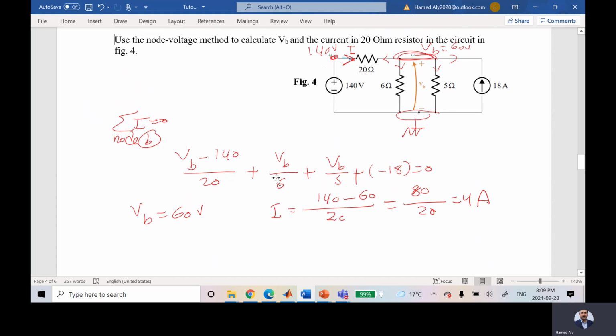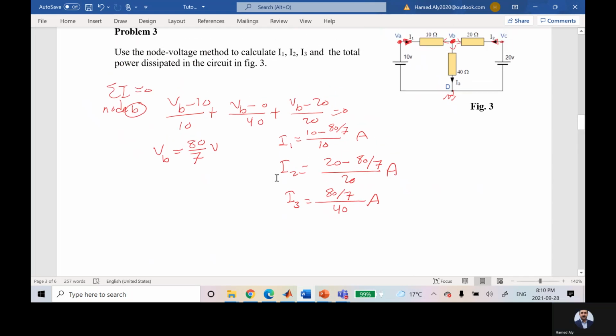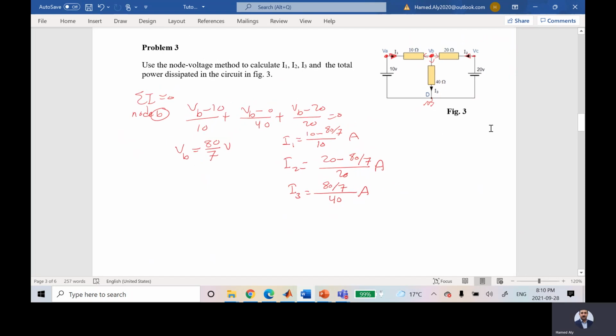Number 3, yes. What do you want? Oh, he asked about the total power dissipated. I'm sorry, I forgot that. Now, if you would like to find the total power dissipated, is this source generating or dissipating power, and is this one generating or dissipating power? In other words, are those two sources active or passive? You are saying passive and you are happy?